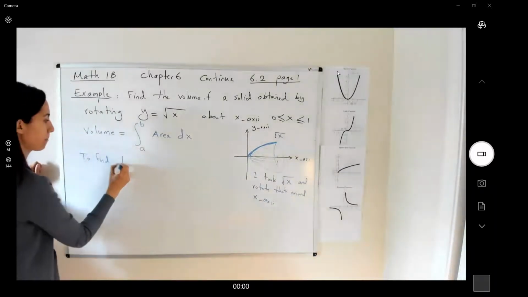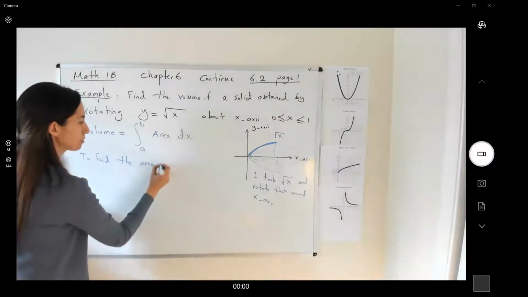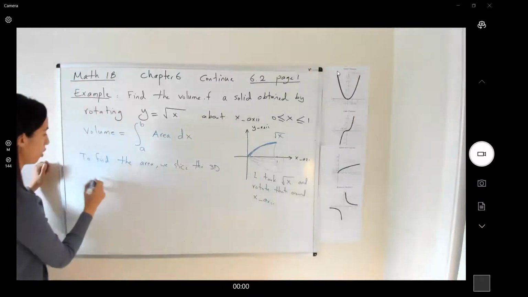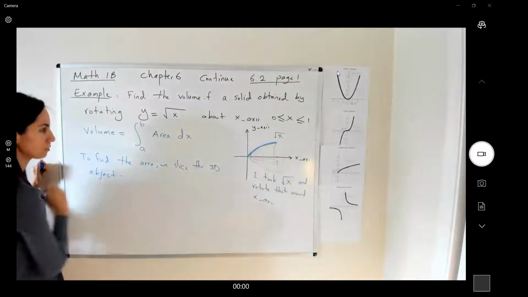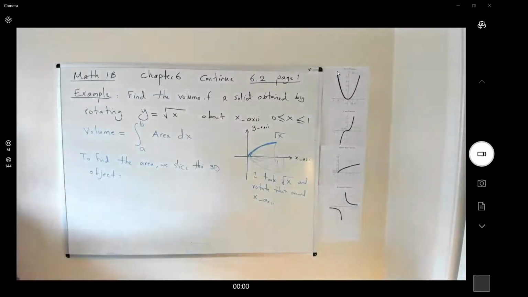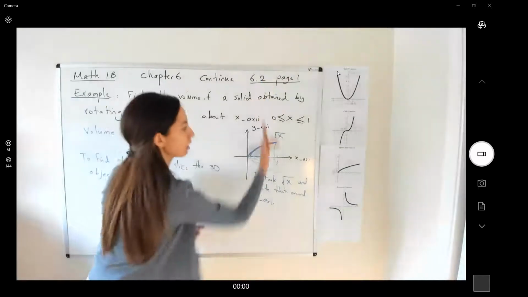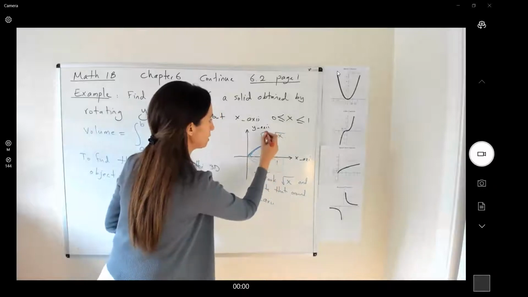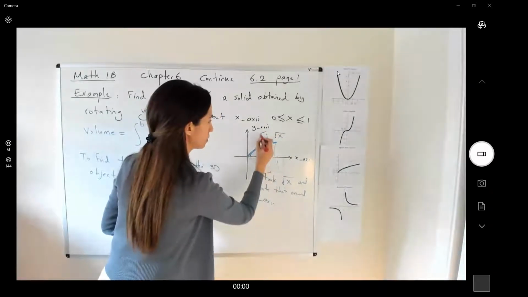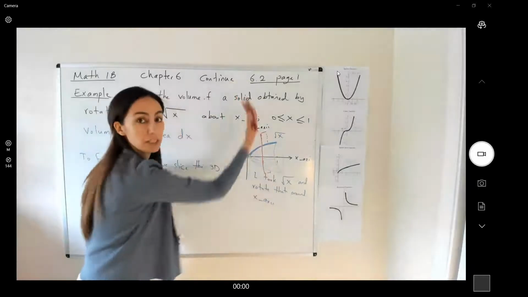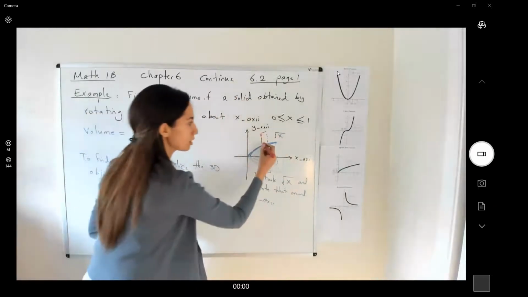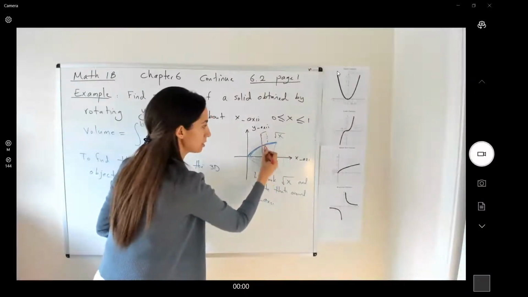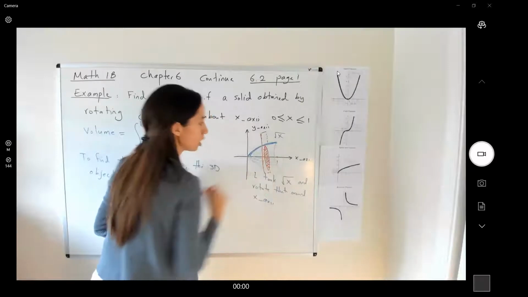To find the area, we slice this three-dimensional object this way. Okay, perfect. If I slice this by using just a plane, the intersection between the plane and this object is going to be a circle. As you can see, it is just a circle.